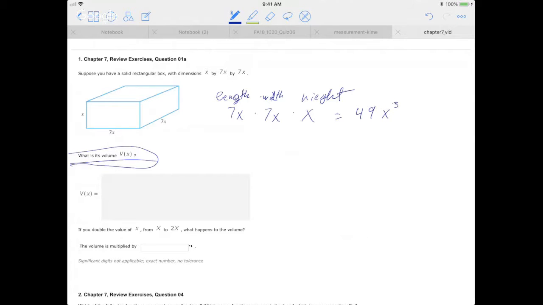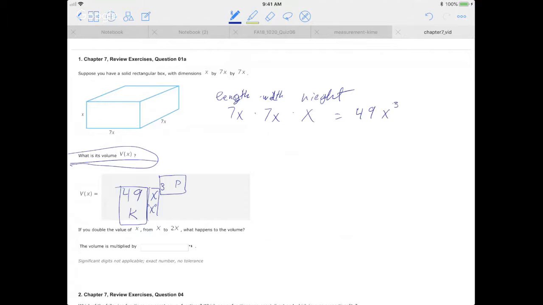So V of x is 49x cubed. This is a power function with constant of proportionality 49. Our variable is x, and our power, p, is 3. That's how we go through that.